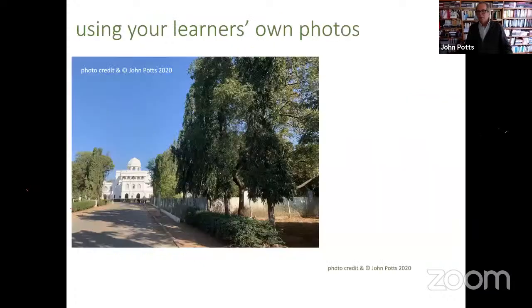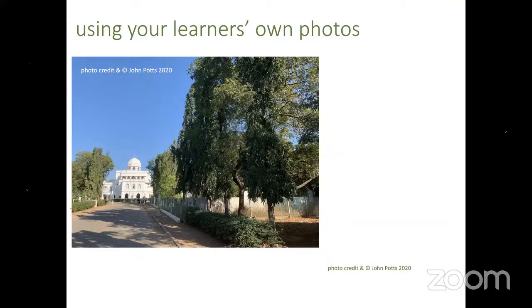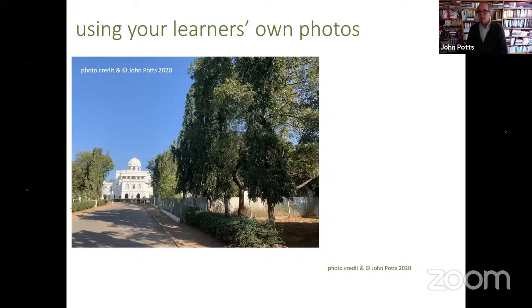Okay, we're almost finished now, not long to go. One thing you can do is use your learners' own photos. Get your learners to take a photo for you, and let's use that. So why not? You can take photos, but your learners can take photos. So get your learners to share photos with you. Your learners might like to share photos.